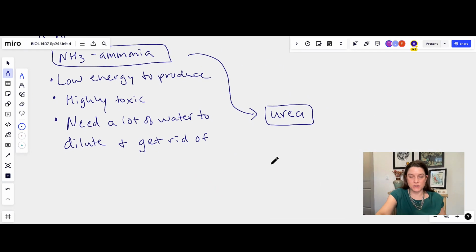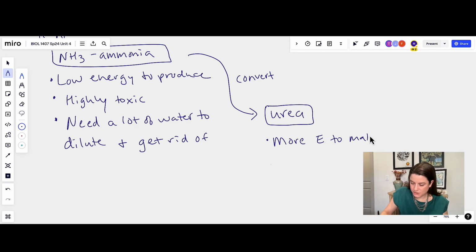I can look up the structure of it and put it in here, but it has the nitrogen group. It's just more energy to make. So you can convert ammonia to urea. More energy to make, but it's less toxic.